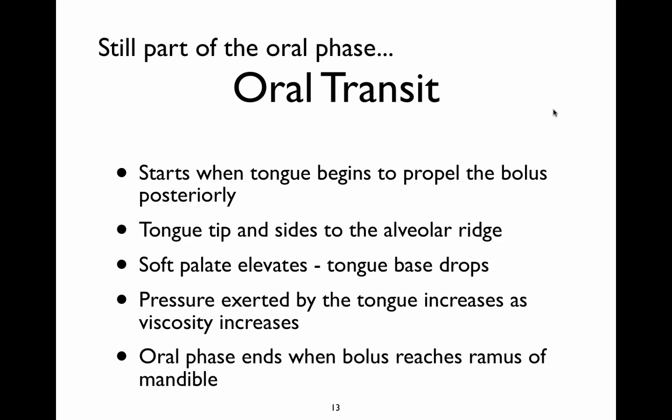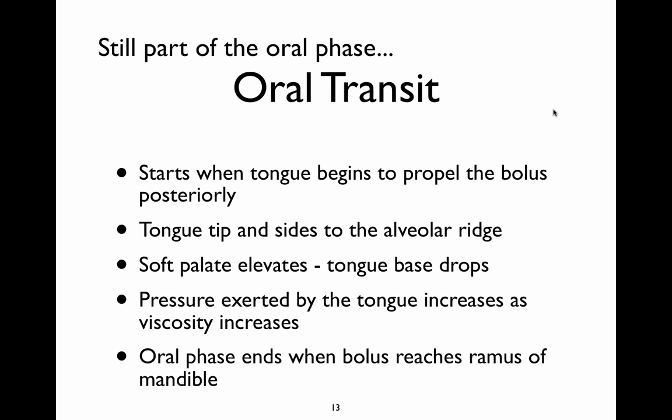If you are a 4-stage swallowing advocate, you will be talking about the oral preparatory, then the oral, including oral transit, pharyngeal, and esophageal. If you are a 3-stage advocate, you will include oral preparatory, oral, and oral transit all as just oral stage.